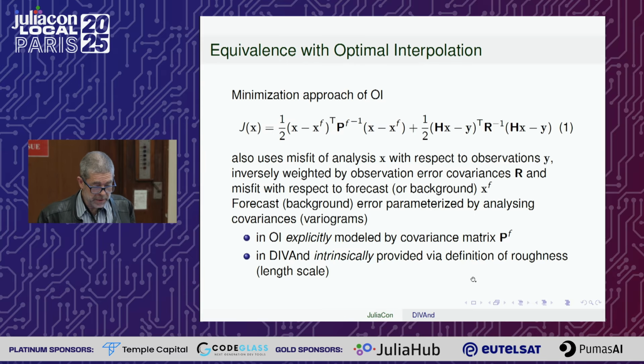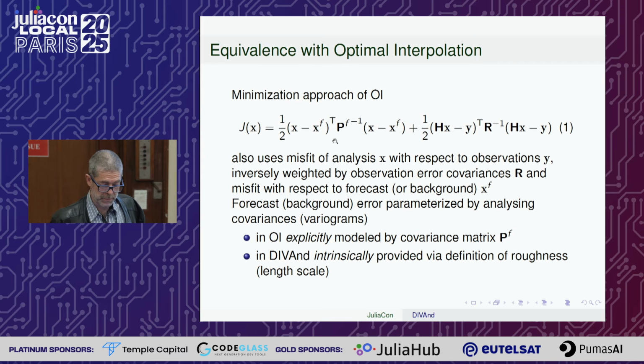Now, you can demonstrate that this mathematical formulation is actually equivalent to optimal interpolation if what you call in optimal interpolation your forecast error field is the same as the discrete operator you get from the finite differencing of your first operator you have here.